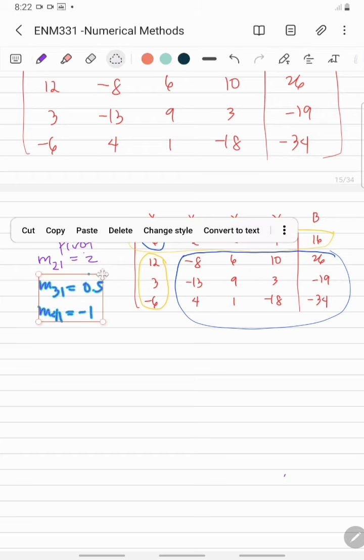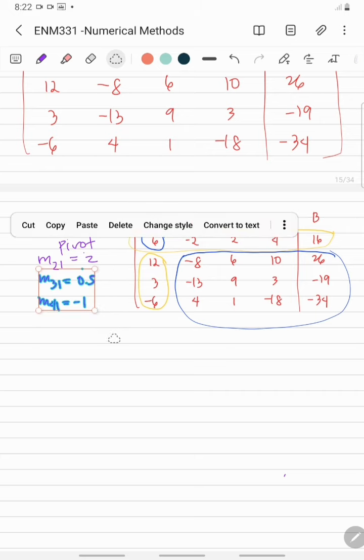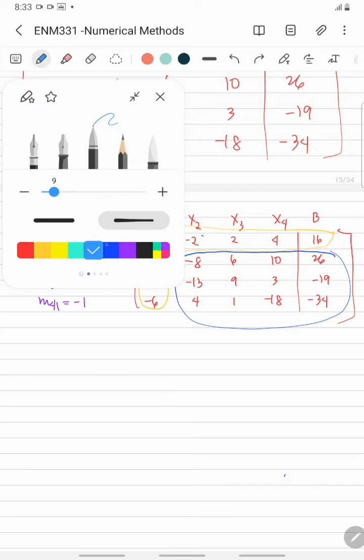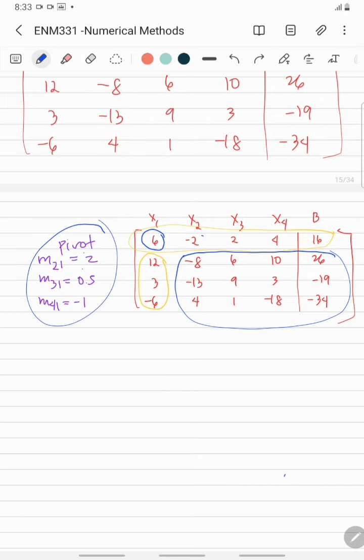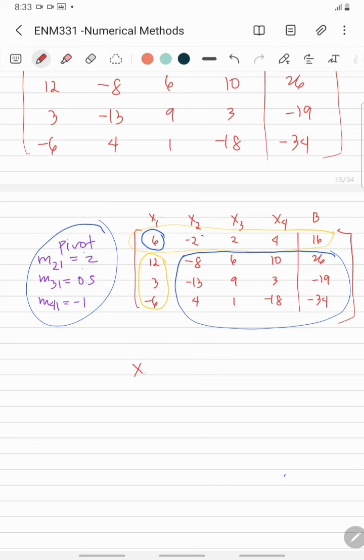Okay, I have to align the multipliers. Okay, these are our multipliers to eliminate x1 in our equation. Okay, so again, we have to copy this format, x4 and b.